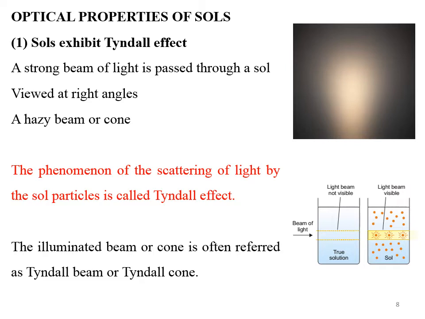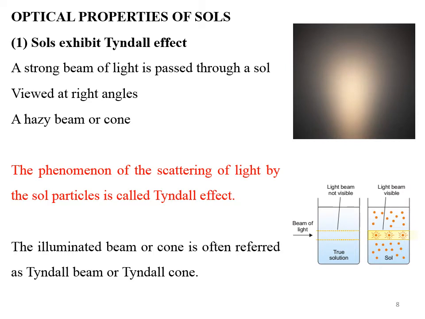This scattering of light illuminates the path of the beam in the colloidal dispersion. This phenomenon of scattering of light by the sol particles is called the Tyndall effect, while the illuminated beam or cone formed by the scattering of light by the sol particles is often referred to as a Tyndall beam or Tyndall cone.